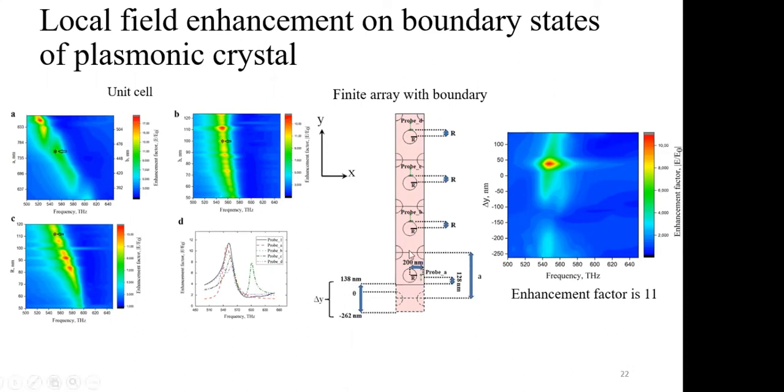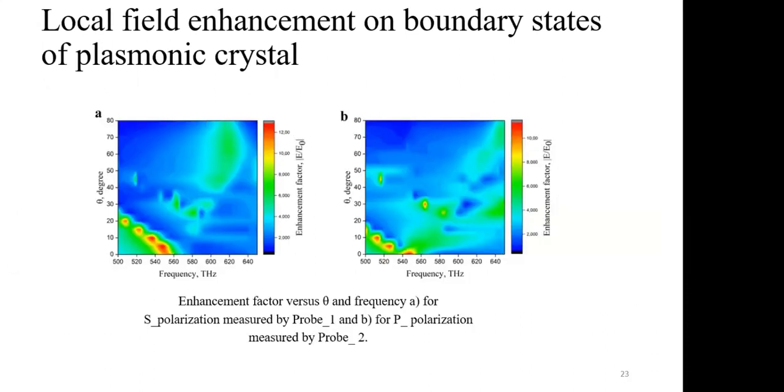So the maximum of electric field enhancement was in the gap which we designed for this structure. And it was the final result which we observed, and on the green laser we observed this result exactly.